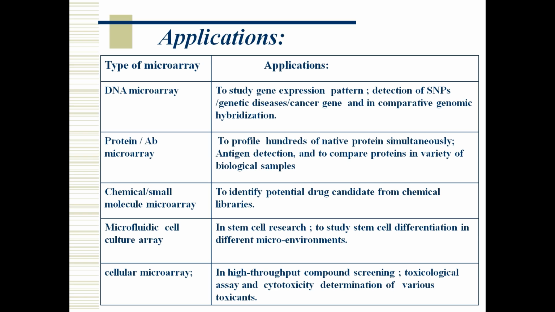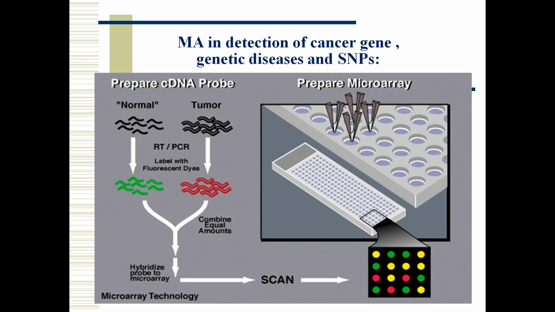And the cellular microarrays are also used in high throughput compound screening, toxicological assays and cytotoxicity determination of various toxicants. So, in microarray detection of cancer genes, genetic diseases and SNPs, once again it is the preparation of the normal and tumor cells, which are separated, and normal cells are also separated.